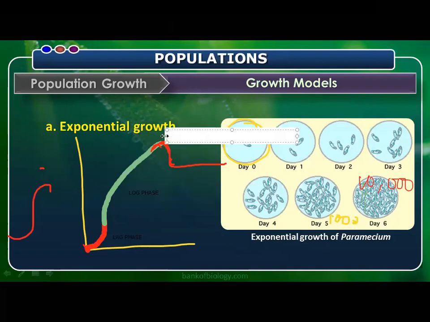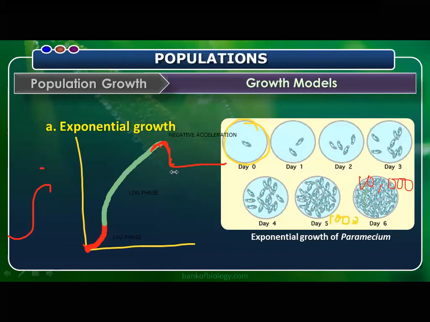Then if they increase more than the capacity, they show the negative acceleration phase and the population will get reduced. Finally, it reaches the carrying capacity. From there onwards, the population does not increase and does not decrease. These are the four phases for any population in the environment.